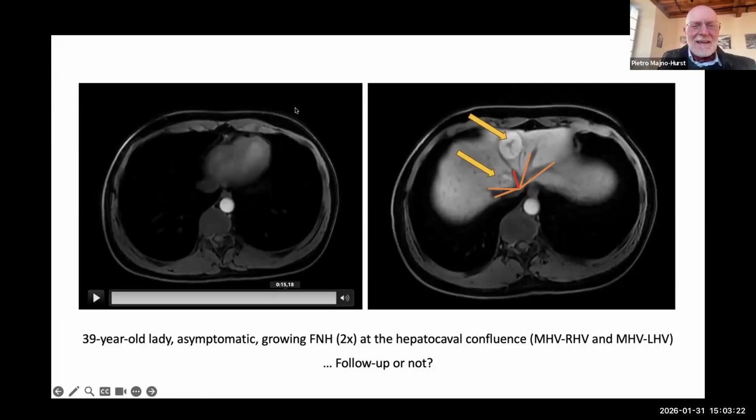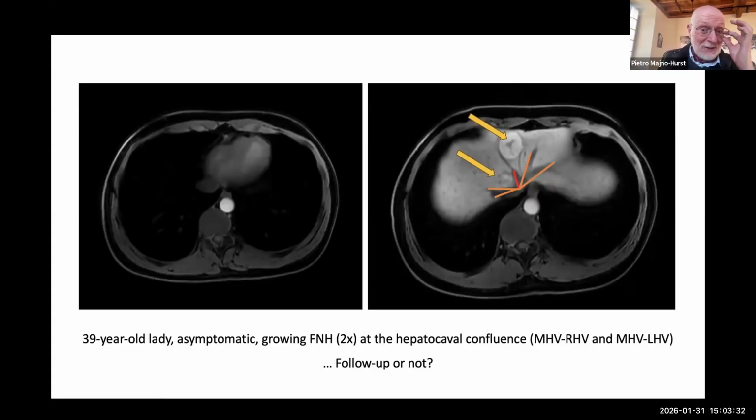Yes. So in this way, I will wait. And in fact, I don't mind waiting for the lower one, but for the upper one, I don't want to find myself in 10 years with a Budd-Chiari there and wish I had done something 10 years before.